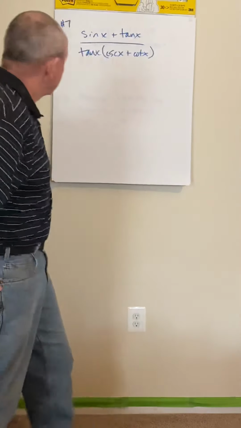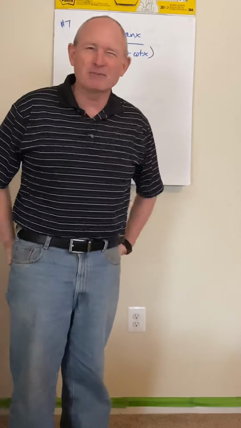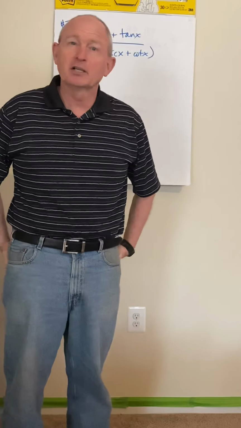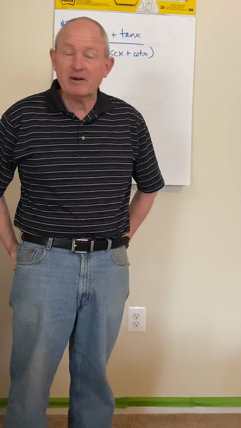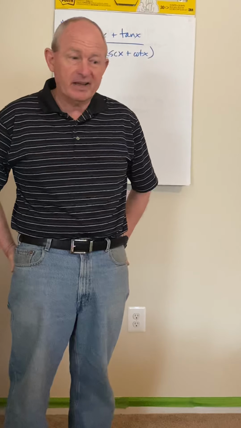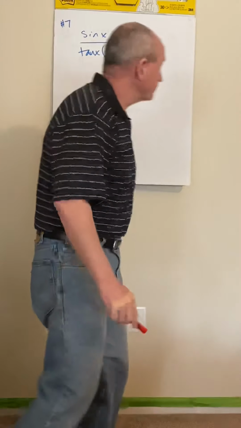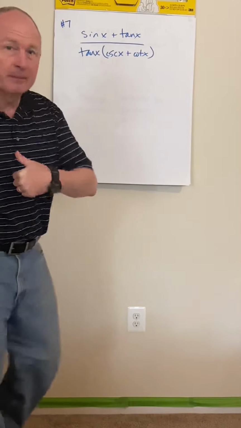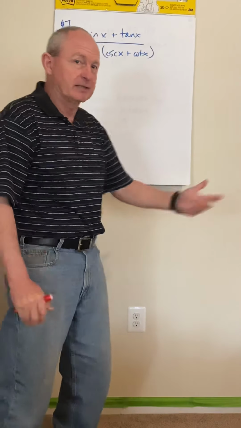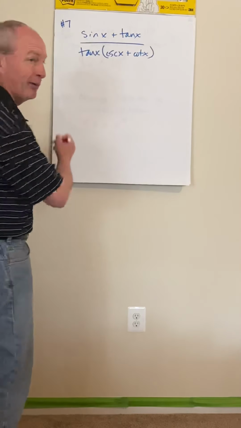I sometimes refer to this as brute force, because we have to go in and change everything to sine and cosine and see what happens. We might have to get a common denominator or something. I don't know, we're going to see. So let's play around with it. Right off the bat, I'm going to change the whole thing to sines and cosines. Hopefully that'll help us.